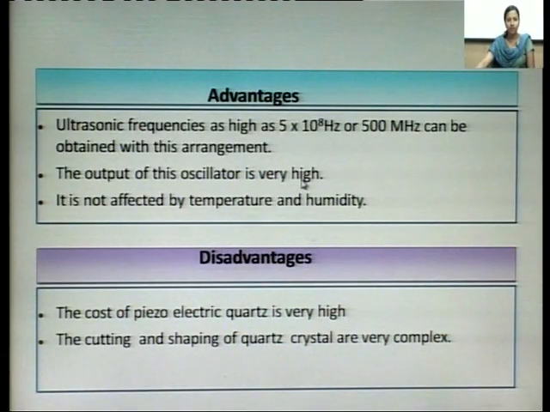The output of this oscillator is very high frequency waves, and most important, it is not affected by temperature and humidity. Before, the magnetostriction effect was affected by temperature as well as humidity, but the electrostriction or piezoelectric oscillator is not affected by temperature and humidity.